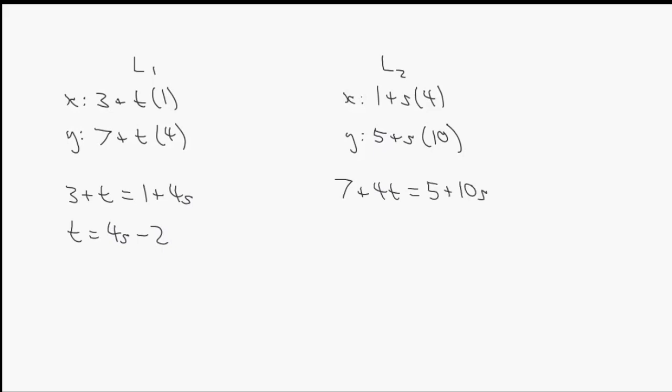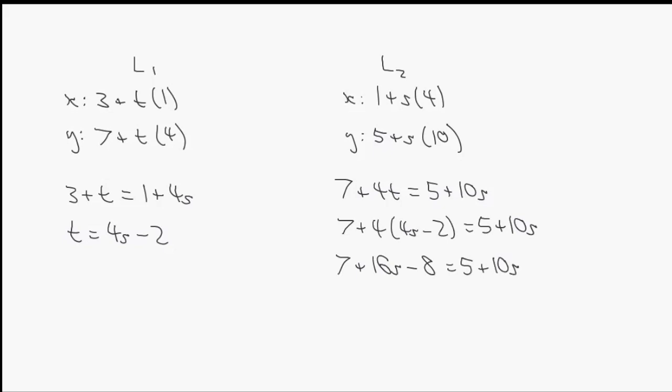By using the value of t we found just now, we can put it together. 7 plus 4 times (4s minus 2) equals 5 plus 10s. So 7 plus 16s minus 8 equals 5 plus 10s.